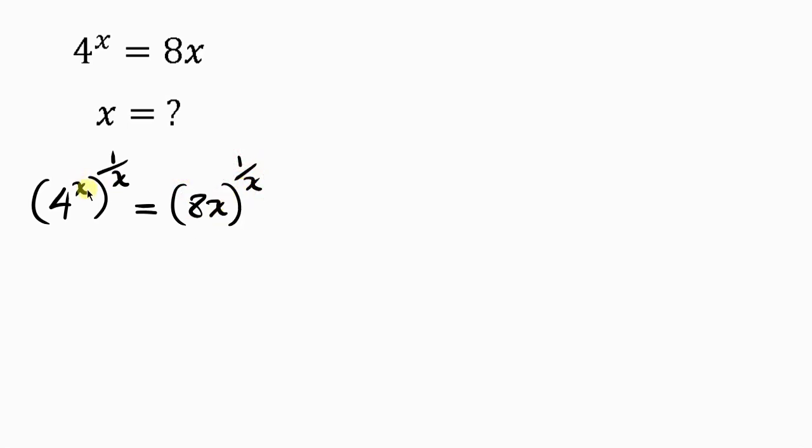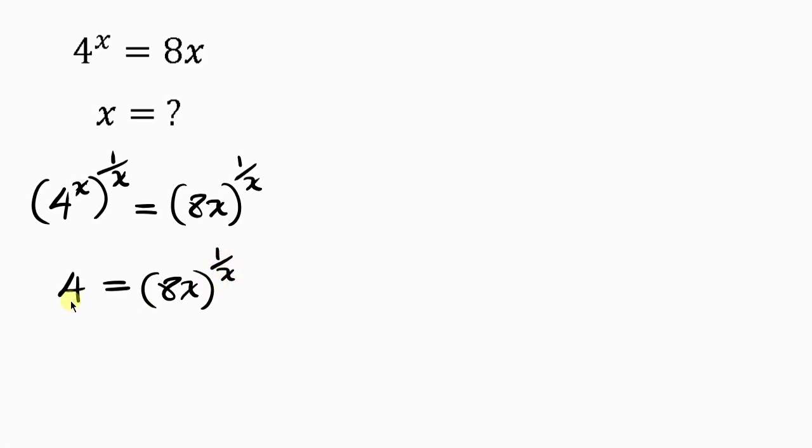Now notice that from indices, powers multiply. So this x here times 1 over x is equal to 1. So on the left hand side, I have 4 equal to, on the right hand side, I have 8x raised to the 1 over x.